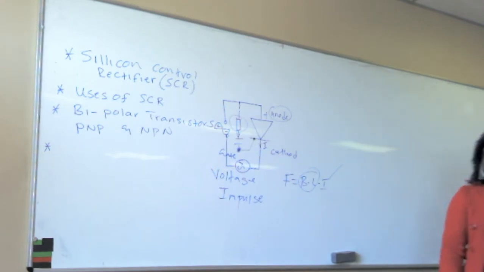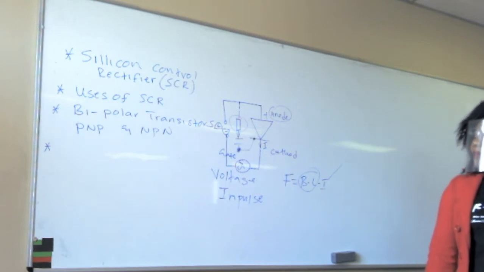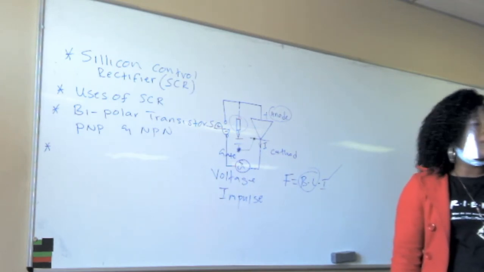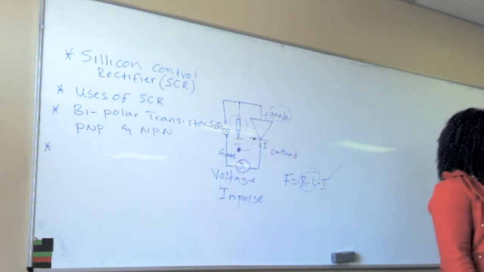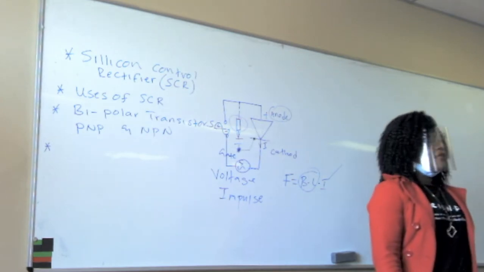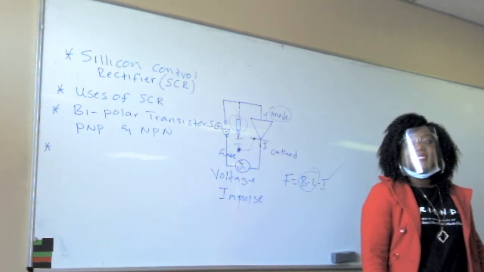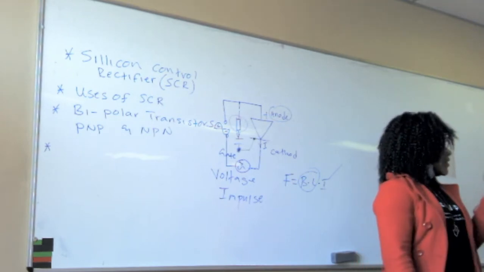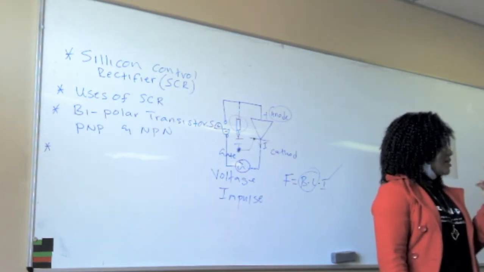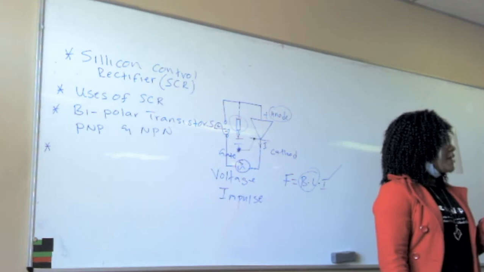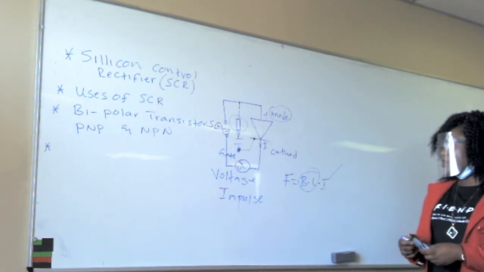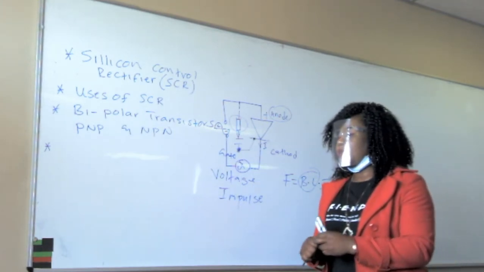I'm going to go to another electronic component, which is a bipolar transistor. They call it bipolar because it's got two polarities. You'll see what it means. When I was showing you a diode yesterday, I showed you a schematic sketch of a diode.